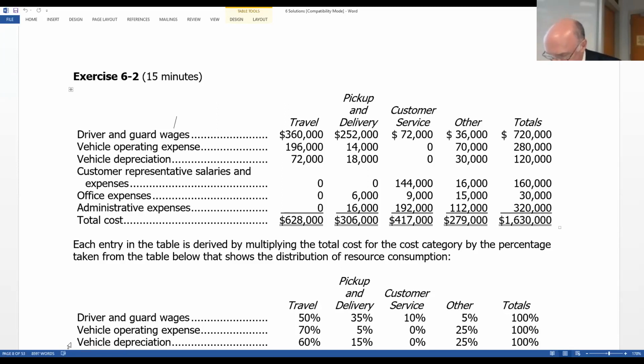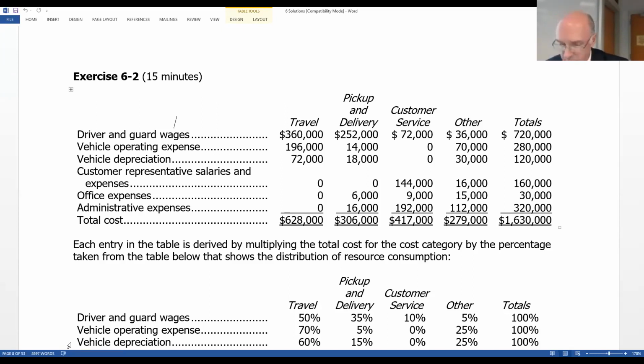The following costs will be assigned using the activity-based costing system. So you have the driver and guard wages, vehicle operating expense, vehicle depreciation, customer representative salaries and expenses, office expenses, administrative, and then they have a total. And on page 256, the distribution of resource consumption across the activity pools is as follows.